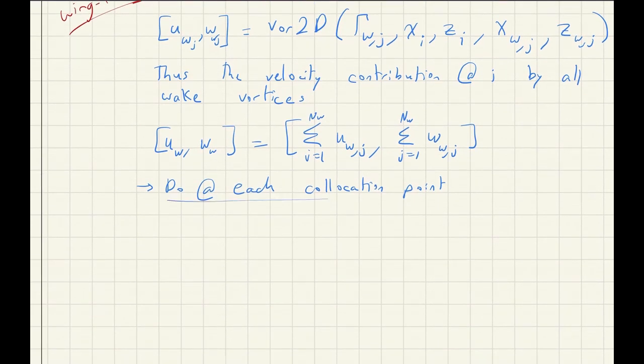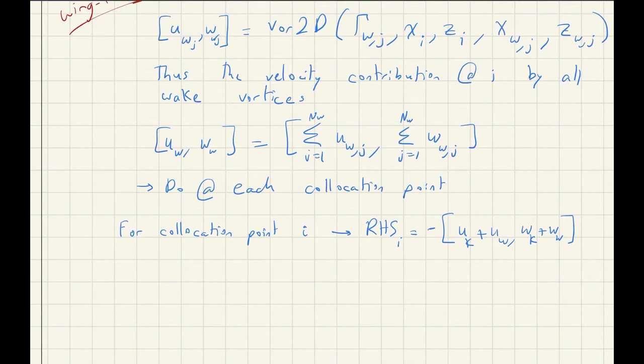And after you do that, we can finally find the right-hand side. So for collocation point I, the right-hand side is equal to minus the influence of the kinematics plus the influence of the wake in both directions, the vertical and horizontal, and again in the wing fixed frame, now dotted with the normal unit vector at that collocation point.